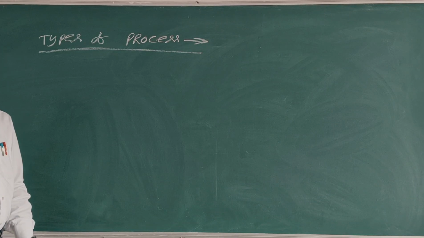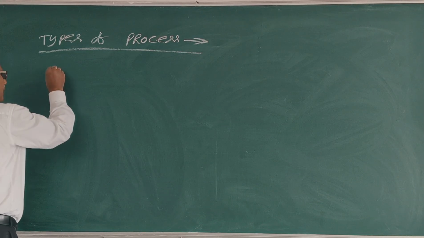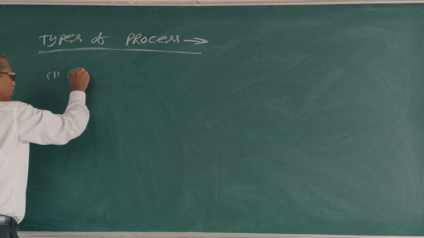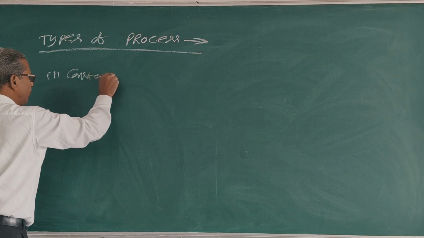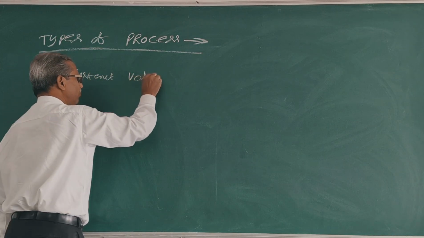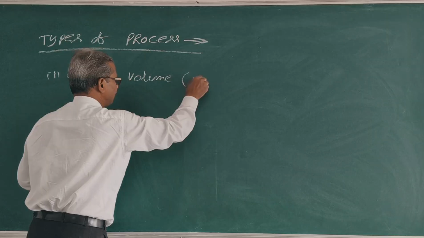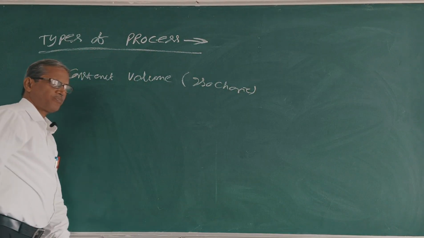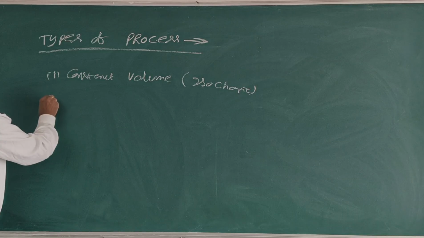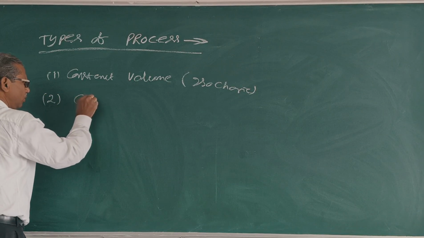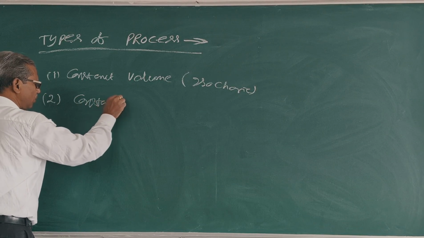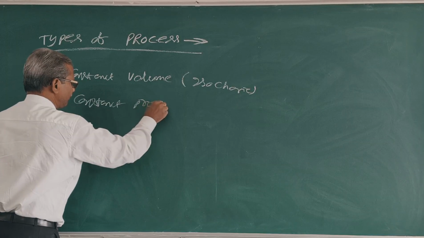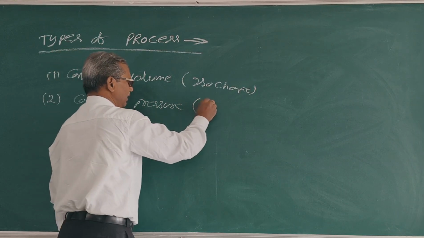This is mainly 5 types. Number 1, constant volume or isochoric. Number 2, constant pressure or isobaric.